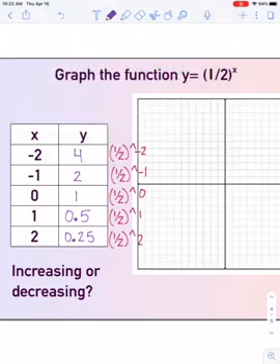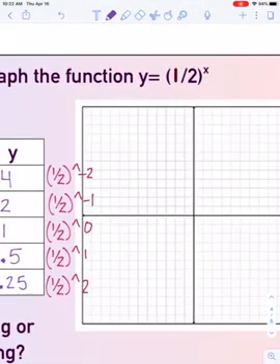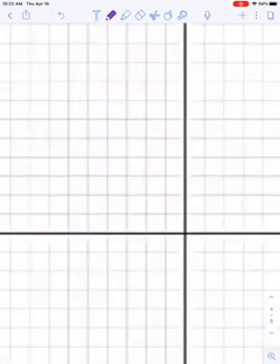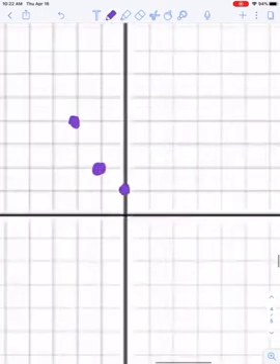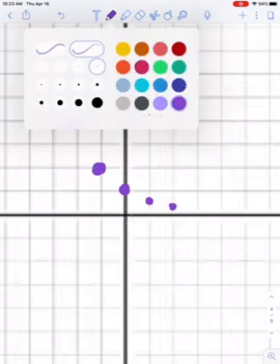So go ahead and graph these points. So negative 2 on the x-axis, 4 on the y. So negative 2 goes 2 to the left and then up 4. And then negative 1 was at 2, so left 1, up 2. And then 0, 1 is a point still. And then we go 1.5, so 1 to the right and then halfway up. And then 2 is only a quarter of the way up.